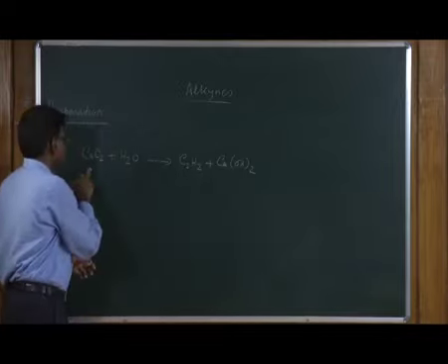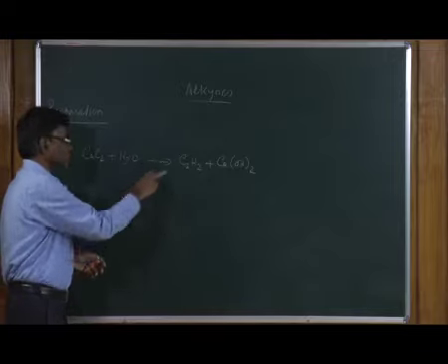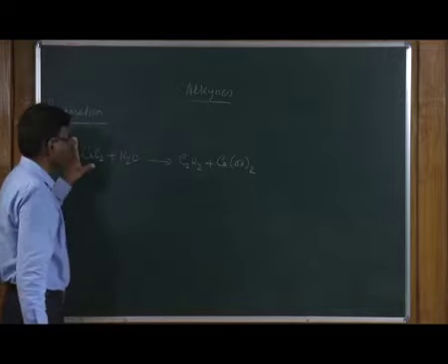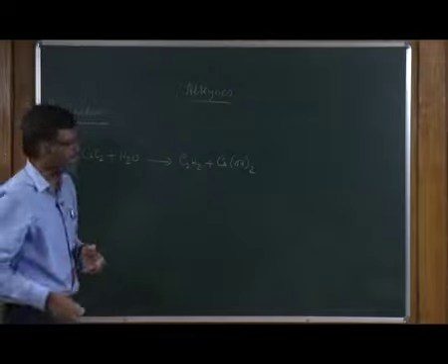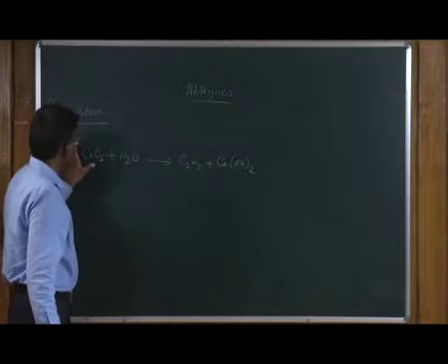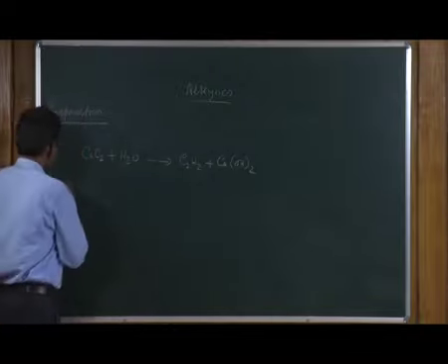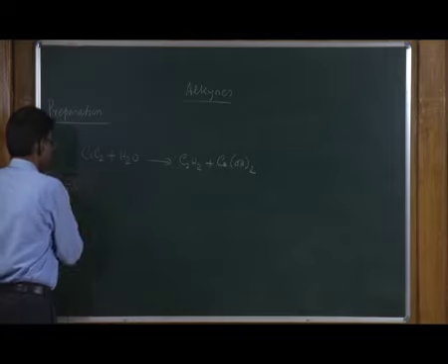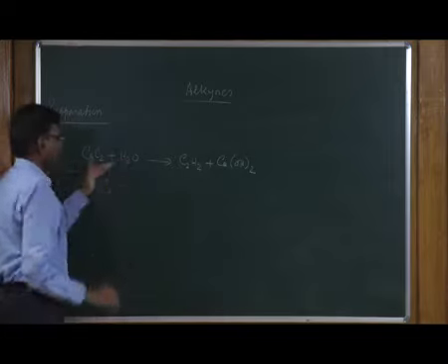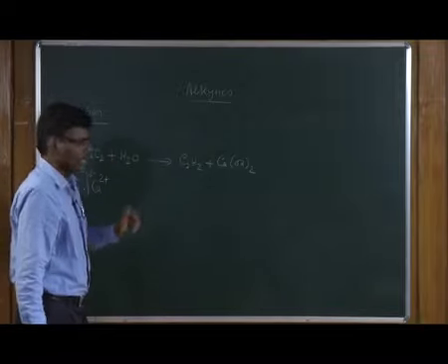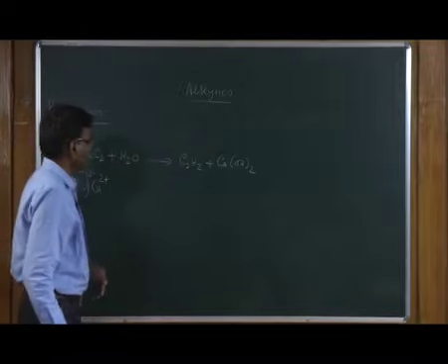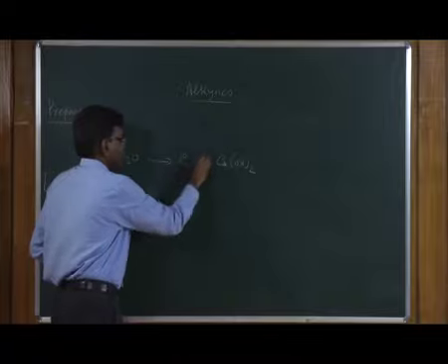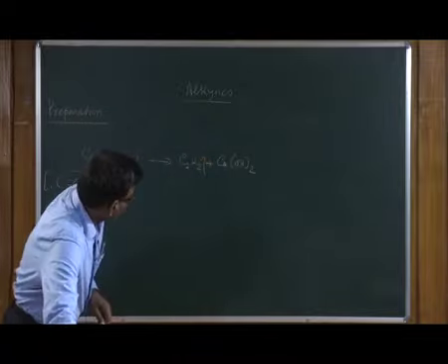When we treat calcium carbide with water, it gives acetylene, which is the common name of ethyne. Calcium carbide is a solid compound, and when you treat it with water, you generate ethyne as a gas.